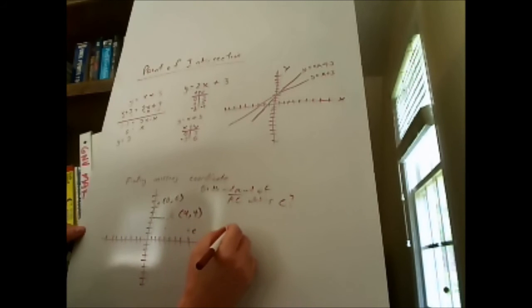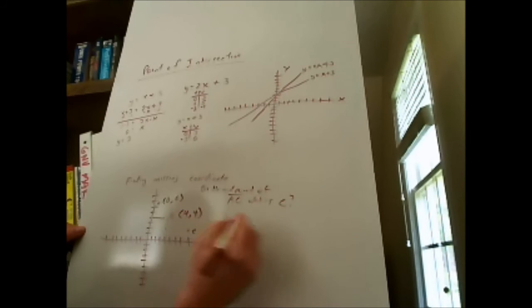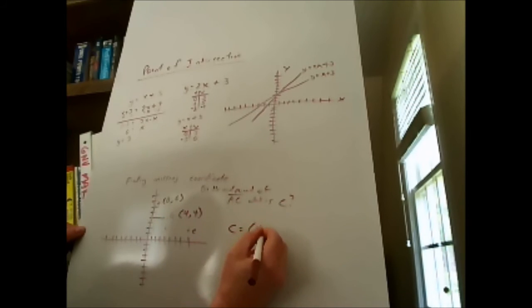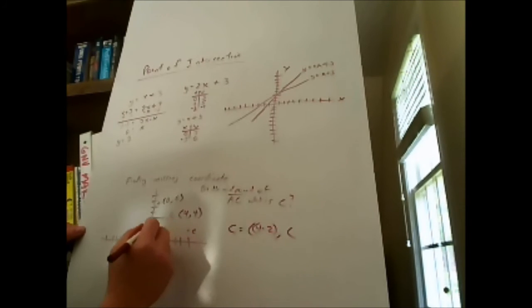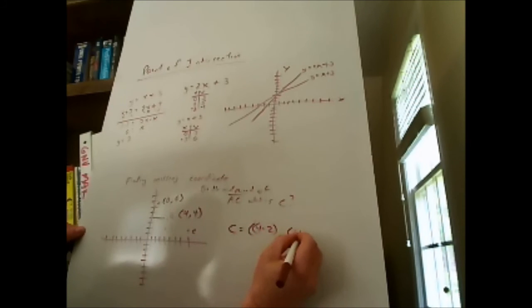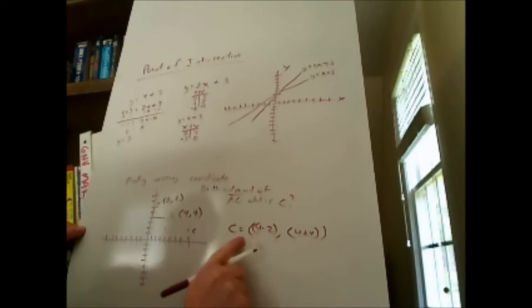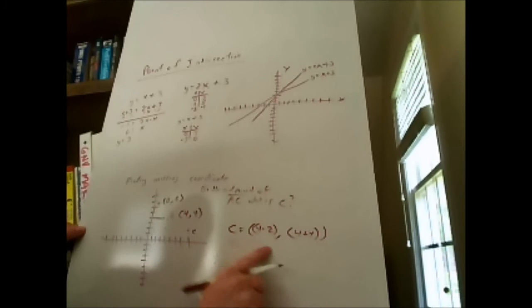So the midpoint, the point C, would equal 4 minus 2 for your x coordinate. I'm sorry, I have it totally wrong here.